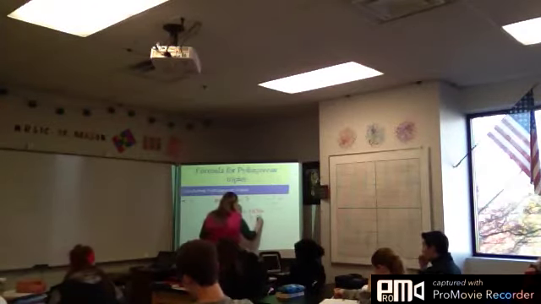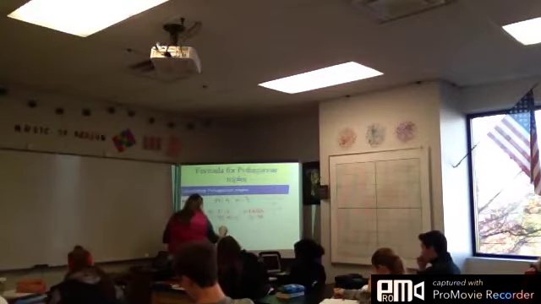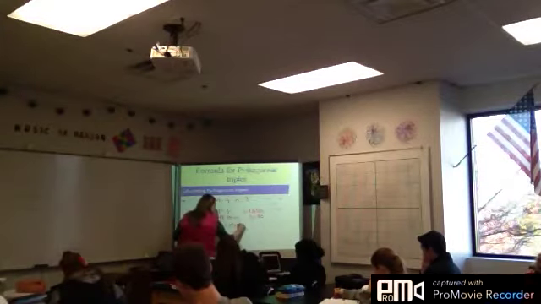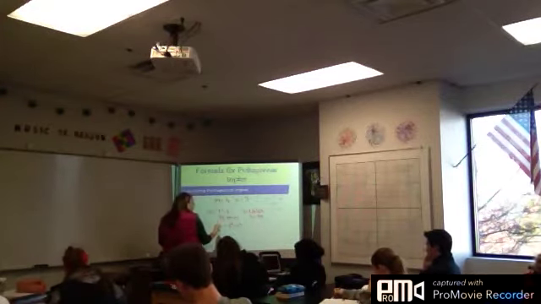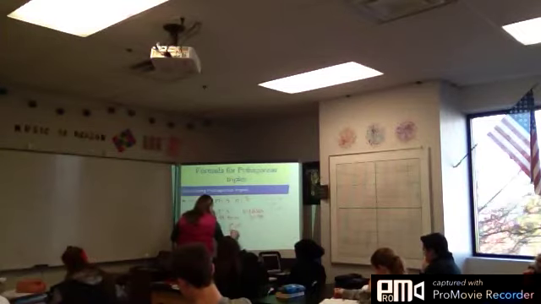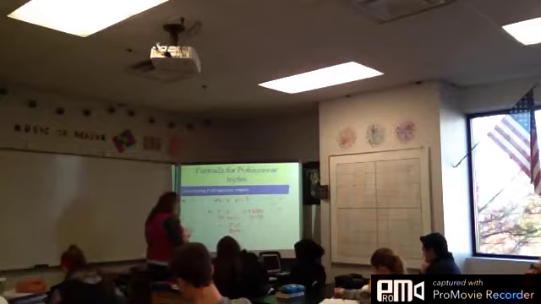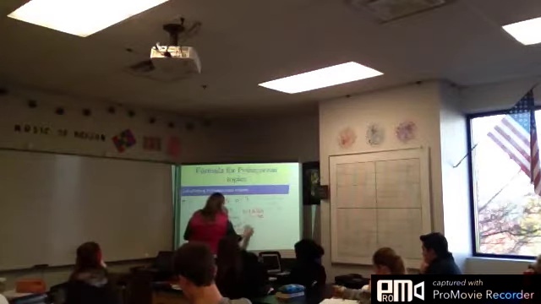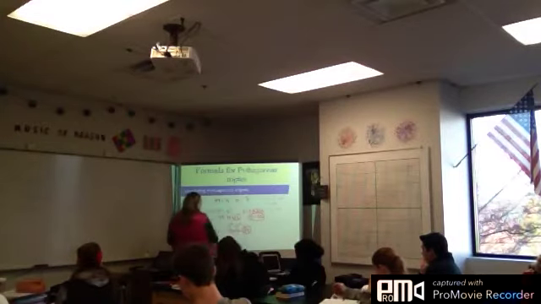So B equals 70. And then to find C, I say n squared plus m squared. N squared is 49, plus 25. What's 49 plus 25? 74. So I have A, B, and C now.